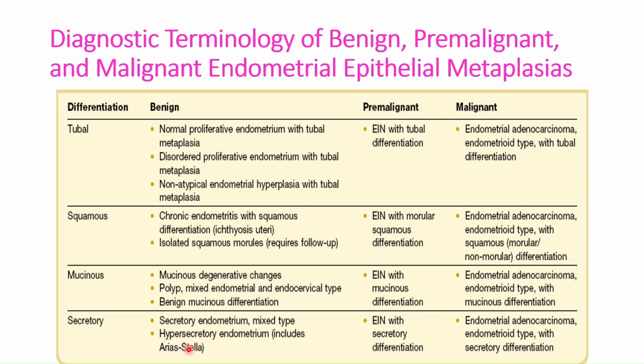Secretory type, if present, is secretory endometrium mixed type or hypersecretory endometrium which includes Arias-Stella, and the pre-malignant condition is EIN with secretory differentiation, and endometrial adenocarcinoma, endometrial type with secretory differentiation.